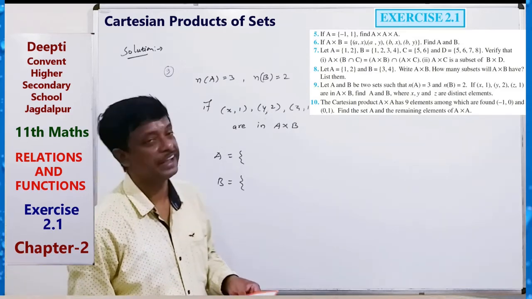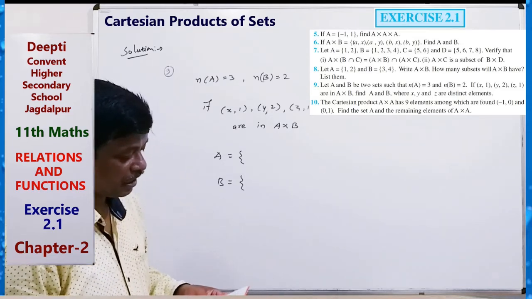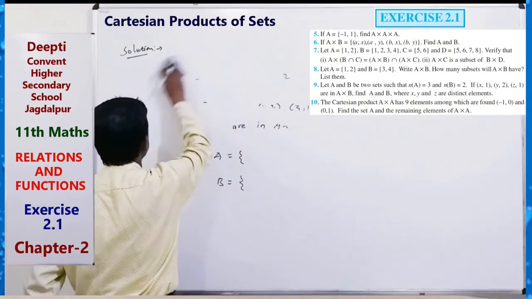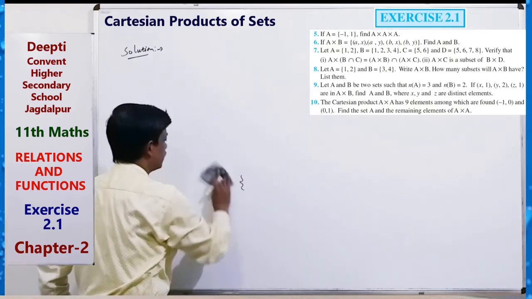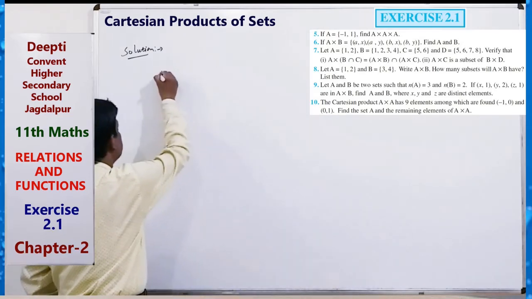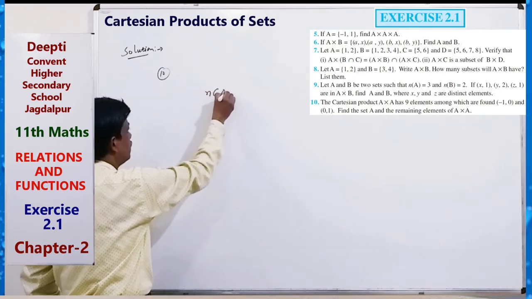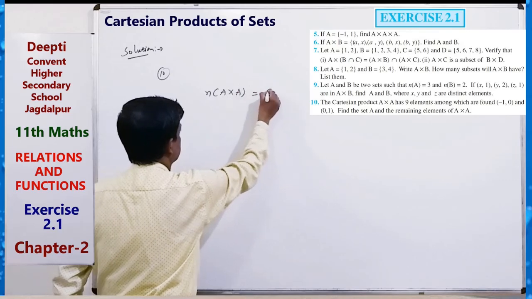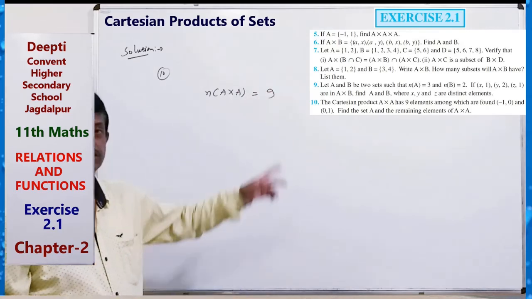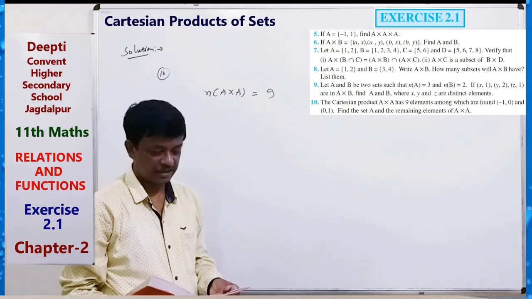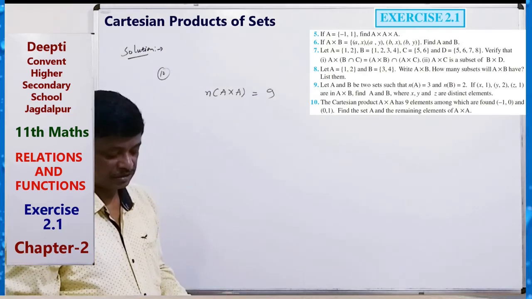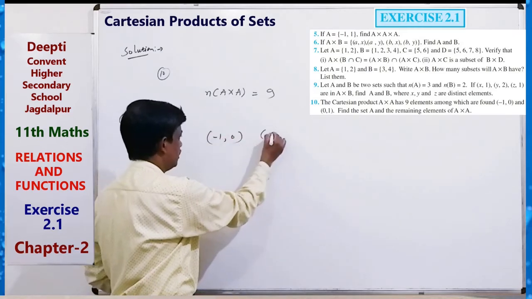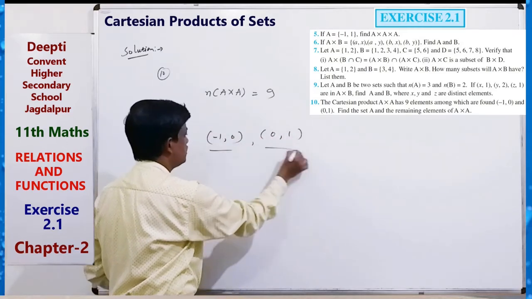Also, question 10. The Cartesian product A cross A has 9 elements, among which are (-1,0) and (0,1).